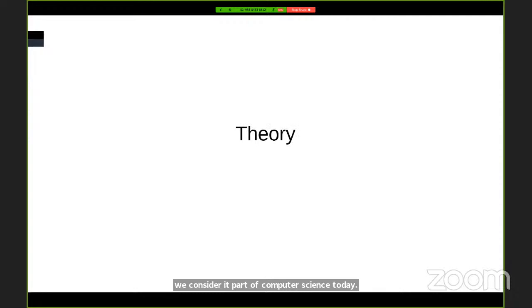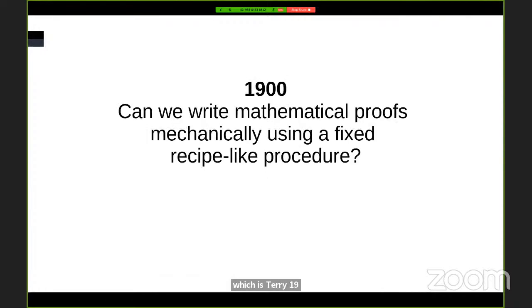So let's begin with the foundations of computer science, which is theory. In 1900, the mathematician Hilbert roughly asked this question: can we write mathematical proofs mechanically, using a fixed recipe-like procedure? So just like you use recipes to make dishes, could you follow a recipe and automatically write a mathematical proof?